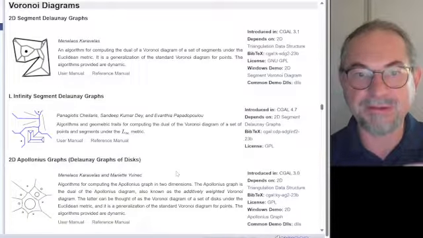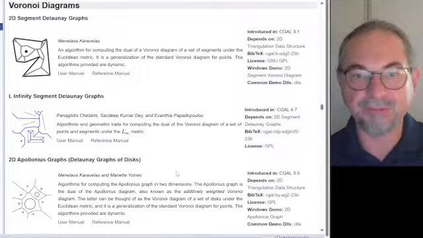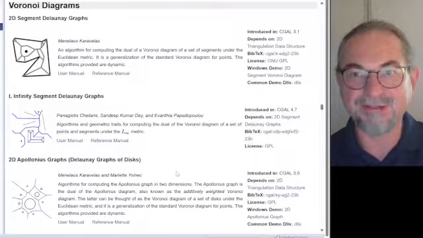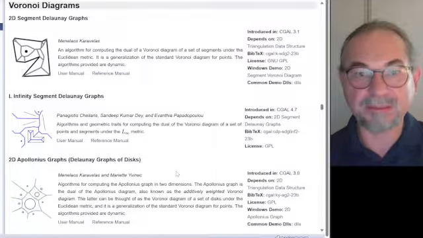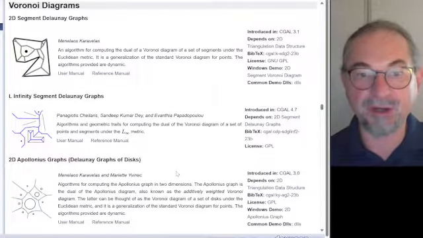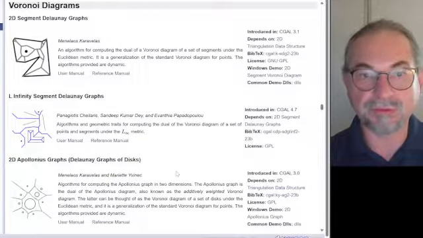So I want to indicate that Voronoi diagrams figure very prominently in CGAL, but at the same time they are connected with a whole set of other tools.